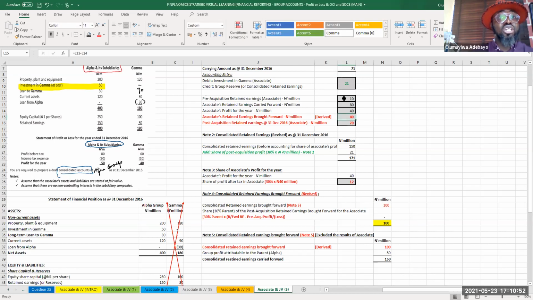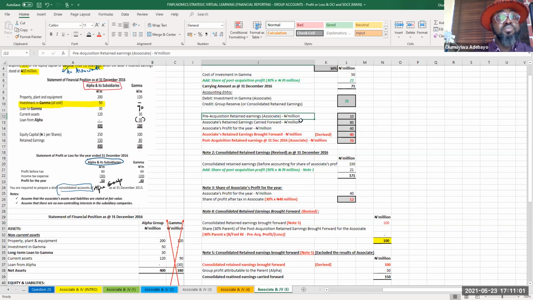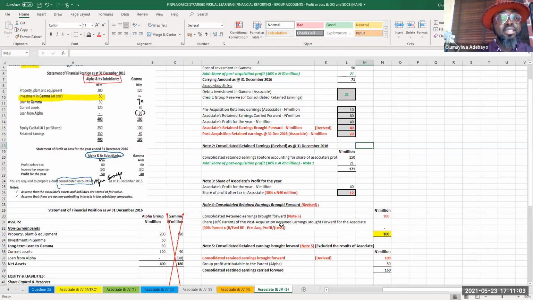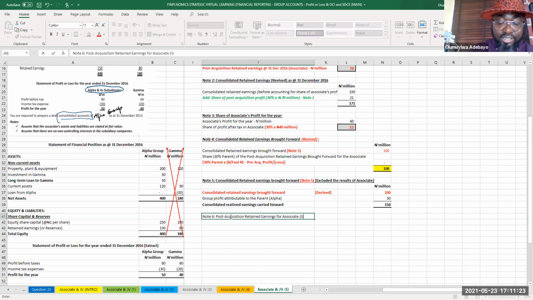there is a pre-acquisition of 10, which then means that also here, I can determine, which is note 6, my post-acquisition retained earnings for associates, in this case, Gamma.